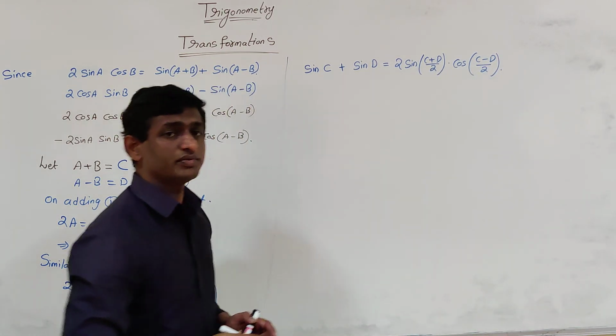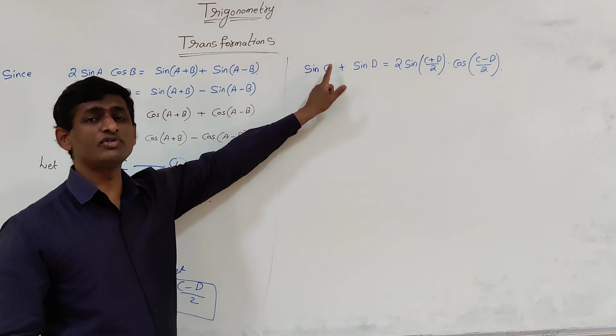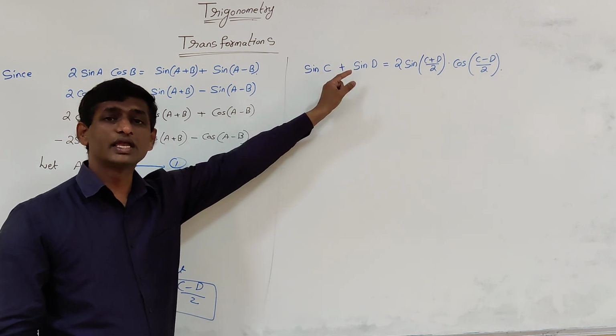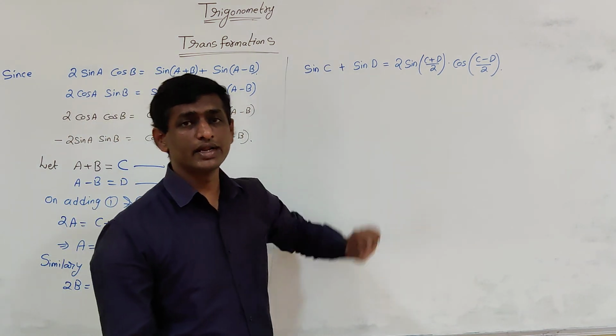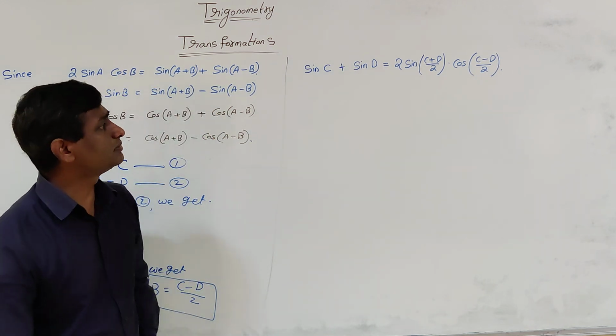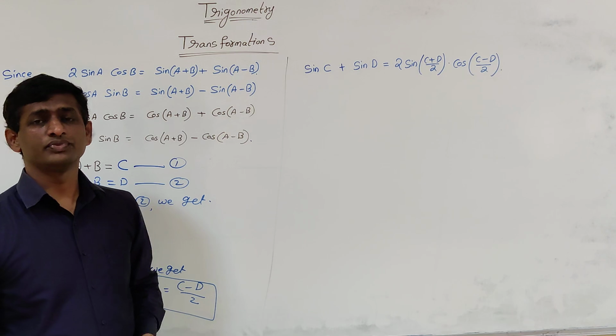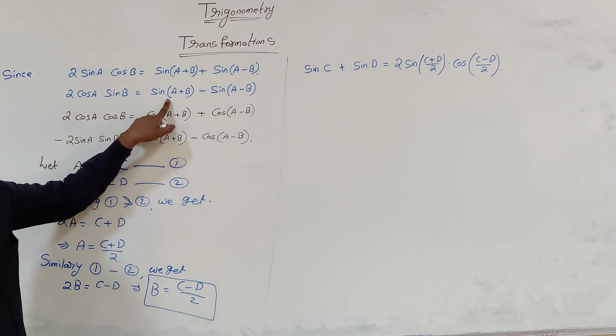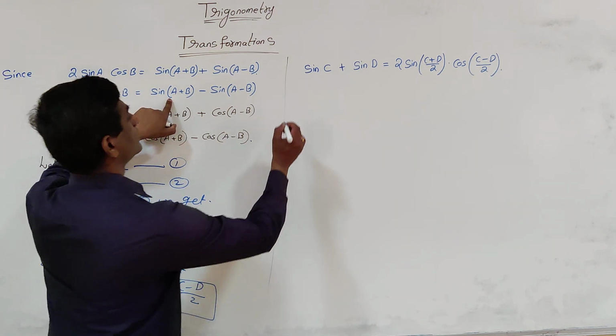So it is a transformation: the sum of the trigonometric ratios can be transformed to the product. That is, sin C plus sin D will be 2 sin C plus D by 2 cos C minus D by 2.